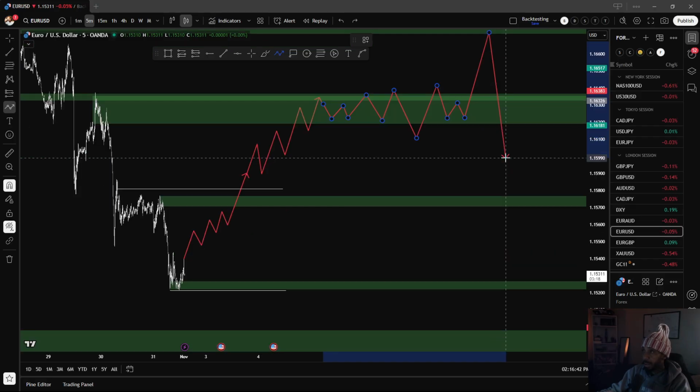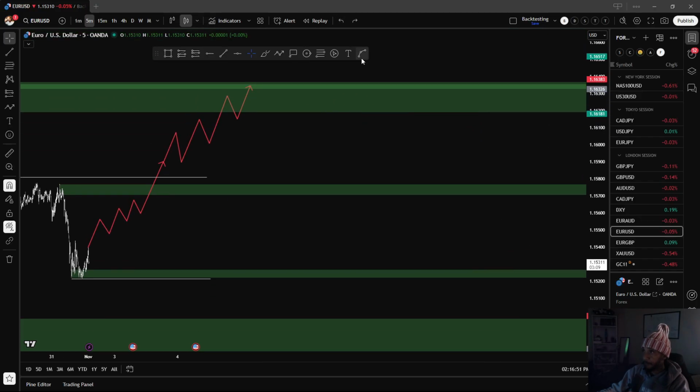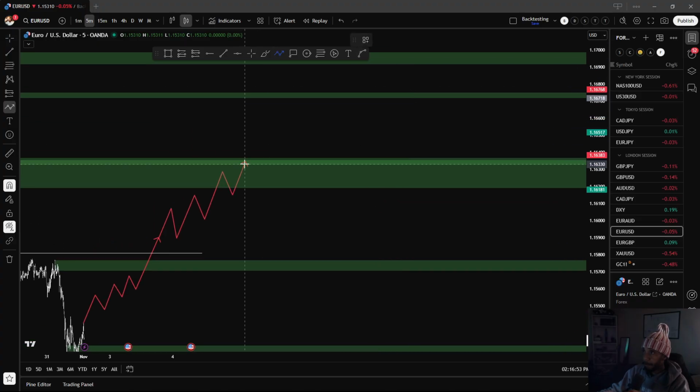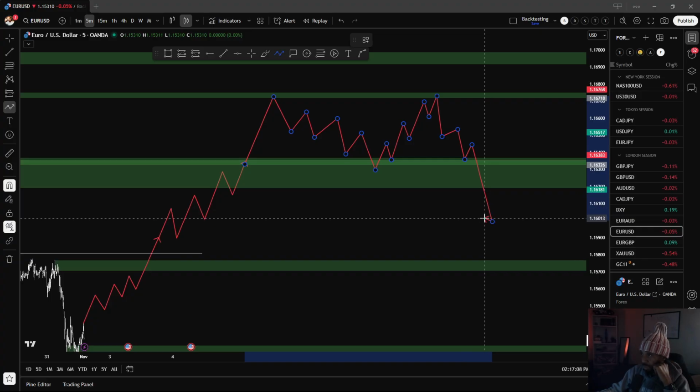Or what price can do is go here, reject, test this area, maybe go back up, reject again, break this zone, go all the way back down here.